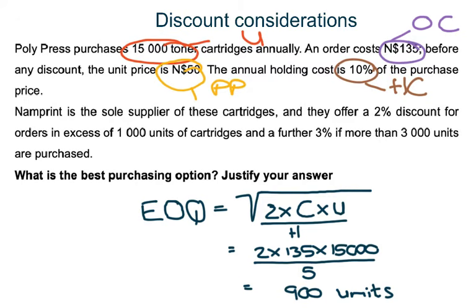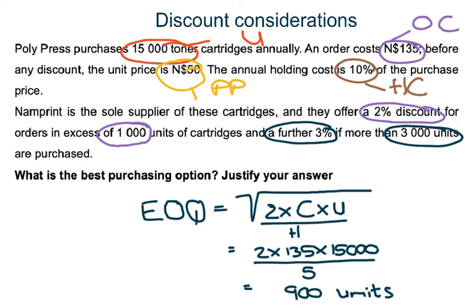Alright, Namprint is the sole supplier of these cartridges, and they offer us a 2% discount if we order at least 1,000 units, and they offer us a further 3% discount if we order more than 3,000 units. So let's quickly look at this example.